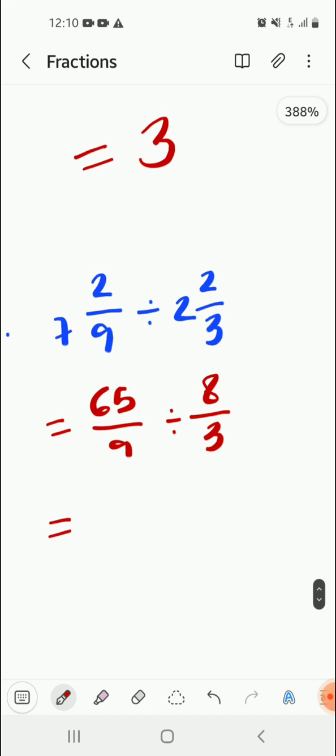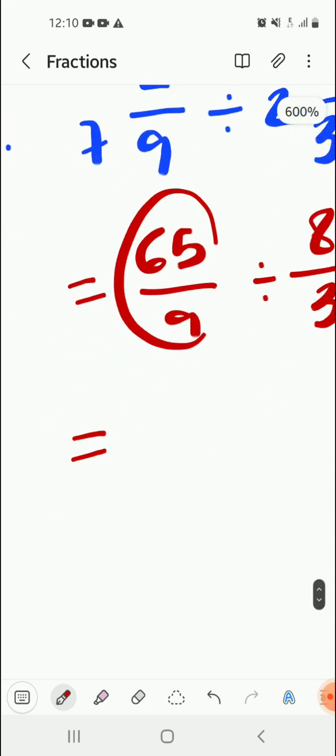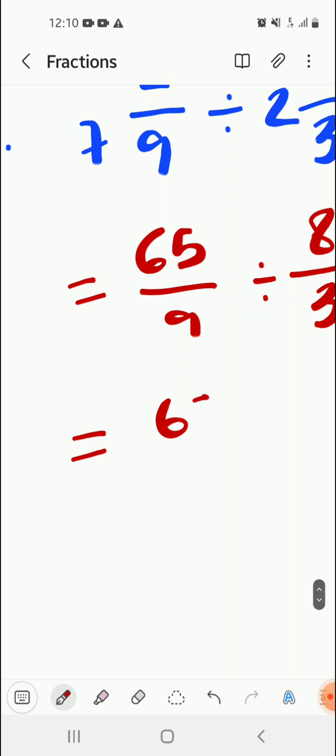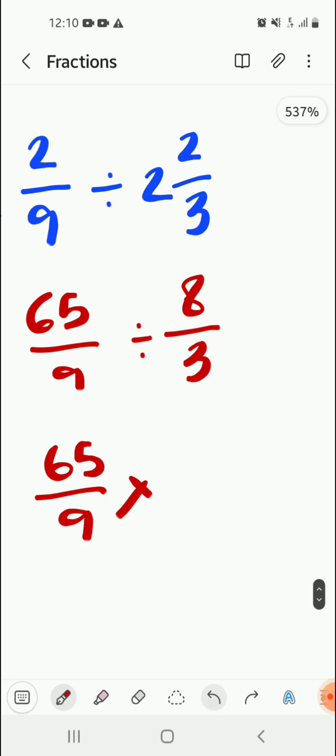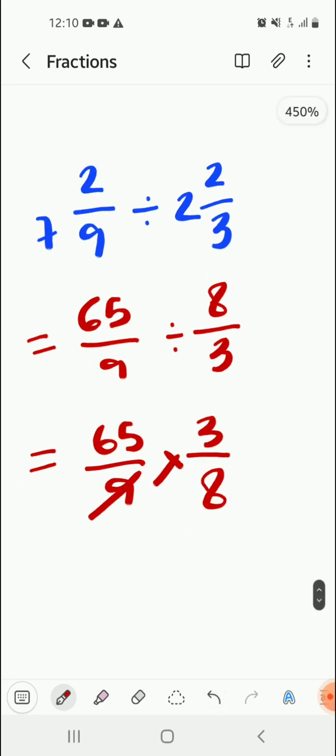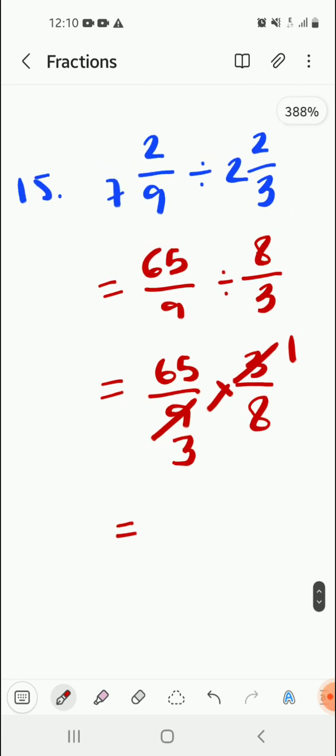Now next, 65 by 9 we are going to write as it is. Use the multiplication sign. 8 by 3 becomes 3 by 8, its reciprocal. 9 divided by 3 is 3 and 3 divided by 3 is 1. 65 and 3, will it be possible for us to divide?